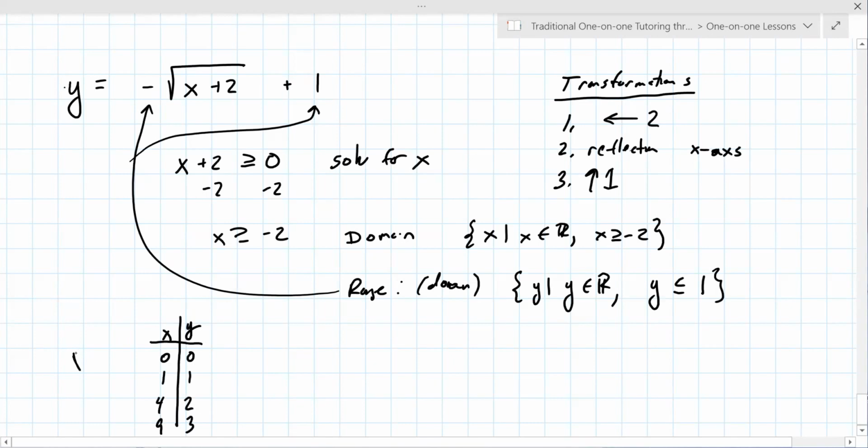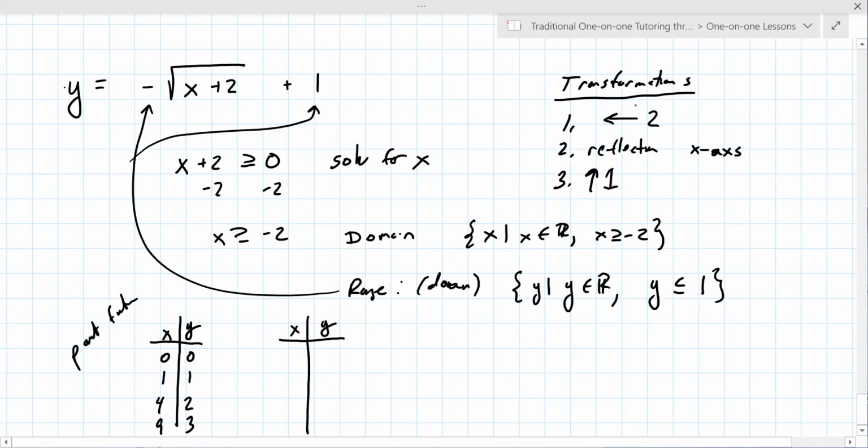So this is your parent function over here on the left. We need to come up with the new set of table values to be able to graph this thing. So for the first point, you're going to move it left 2.